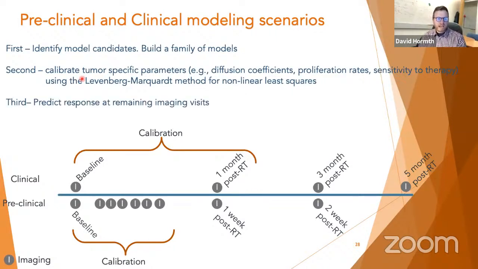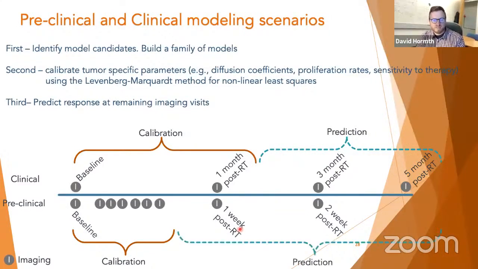And then finally, once we have these calibrated parameters, we are going to predict response at the remaining imaging visits. So for the clinical, that might be calibrate to baseline and 1 month and then predict 3 month and 5 month response. And for the preclinical, it might be calibrating to part of the imaging data and predicting a response at the follow-up MRIs.